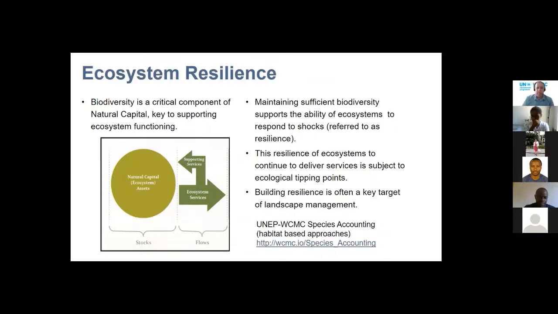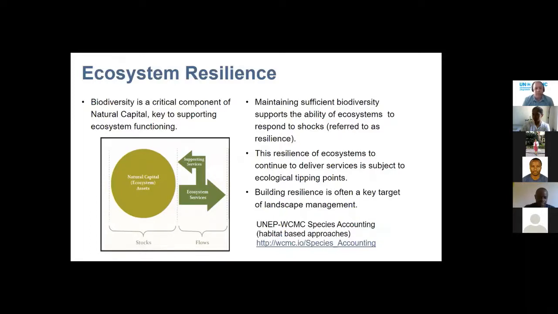And in this context, maintaining biodiversity is going to be important because diverse systems have different ecosystems and species that are going to perform similar functions and processes, but they're also going to respond to environmental change and shocks in different ways. So in this fashion, they can substitute for each other when shocks or change come along, and yet the system can maintain the same level of overall ecosystem service supply.